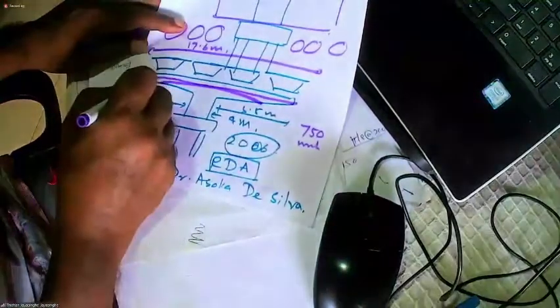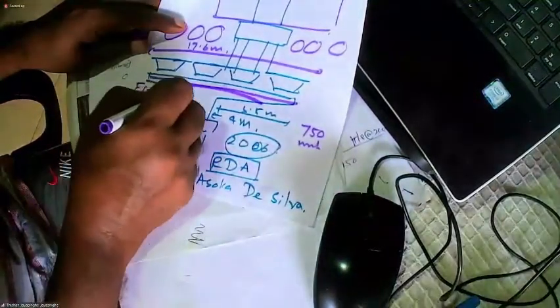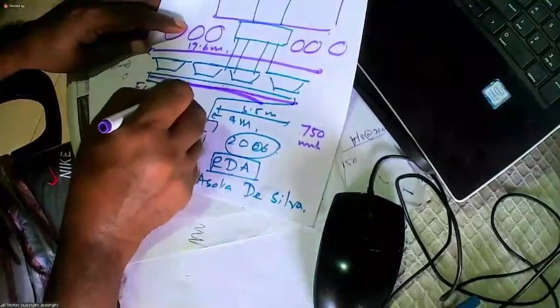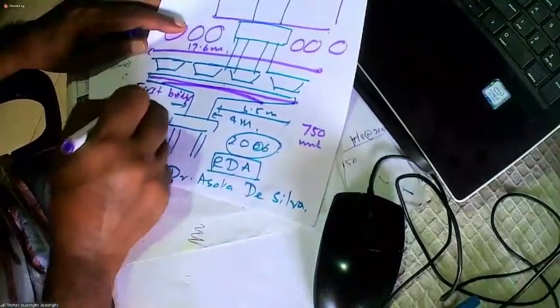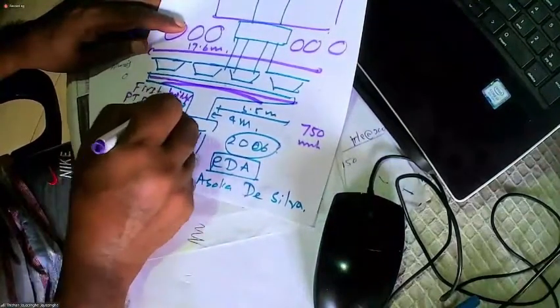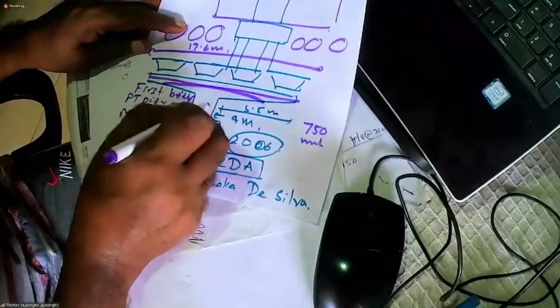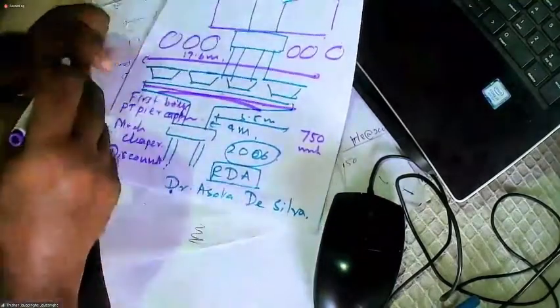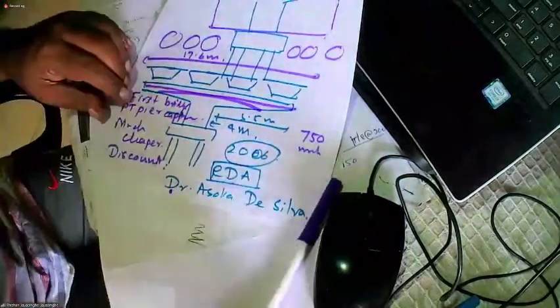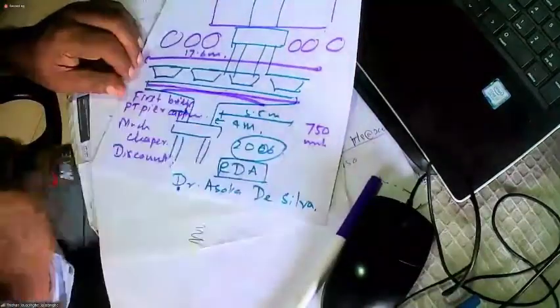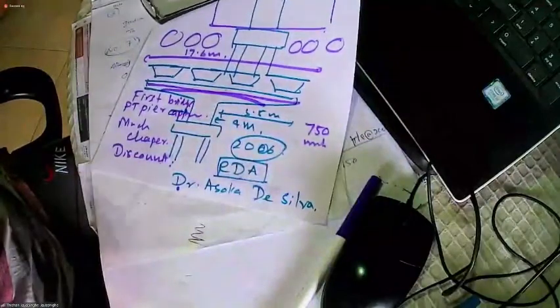So this is the first bridge with post-tension pier capping beam in Sri Lanka. And this is the port access, maybe the second one. I designed this bridge with PT capping beam in 2006.